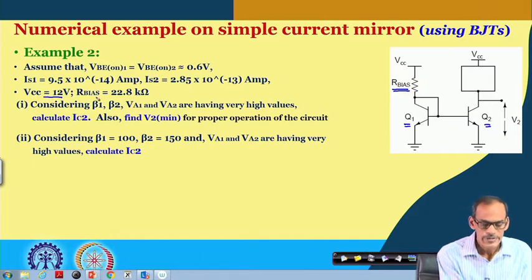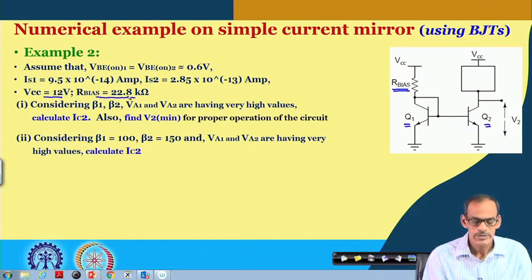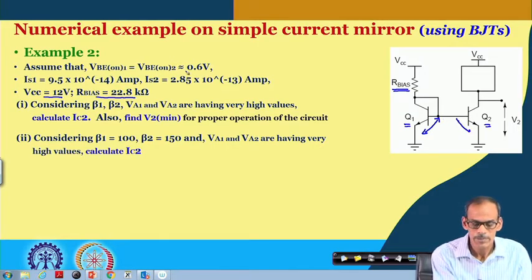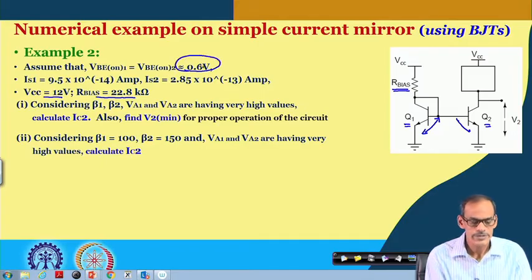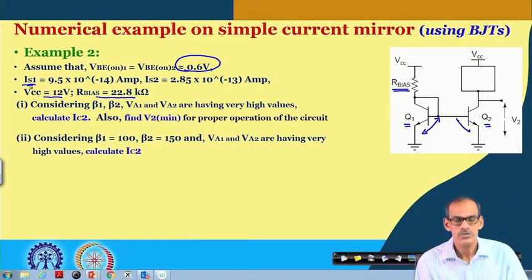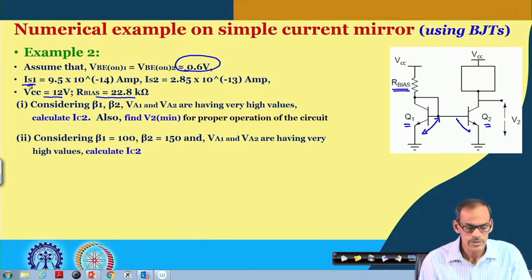This R bias resistance is 22.8 kilo ohm, and then we can assume that the VBE on voltage for both the transistors is approximately 0.6 volt.